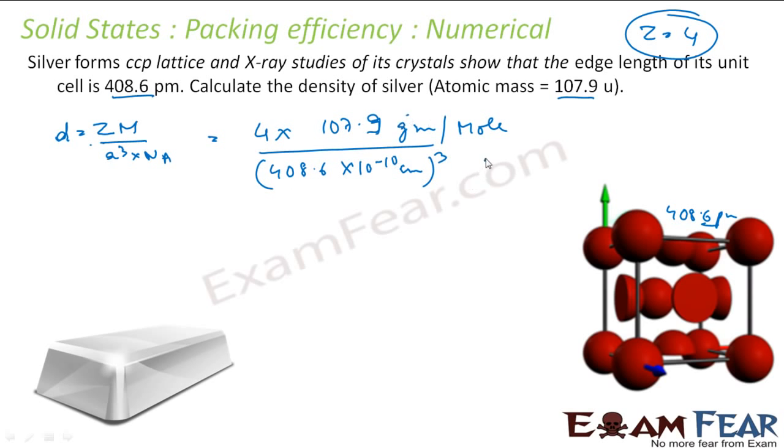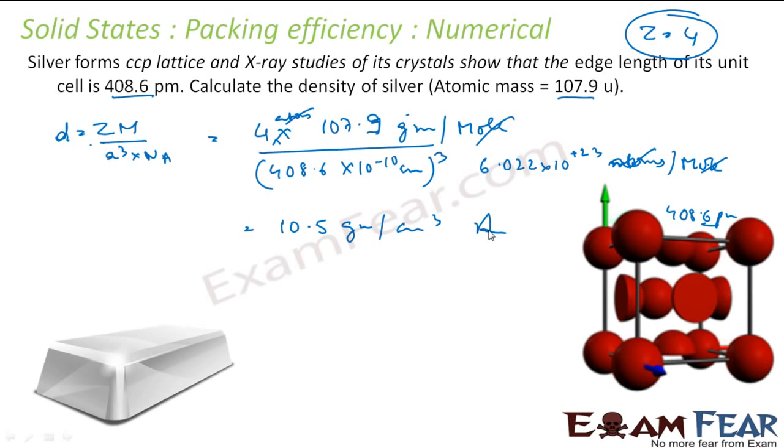Na is 6.022 × 10^23 atoms per mole. And this is 4 atoms actually, cancel. Mole also cancels. So when you solve this, you get 10.5 gram per centimeter cube, and that is my answer. Correct.